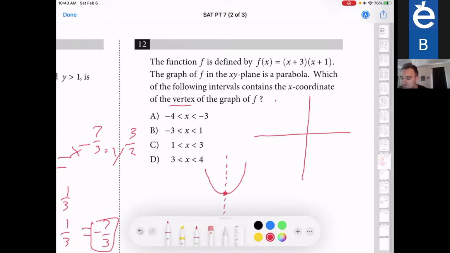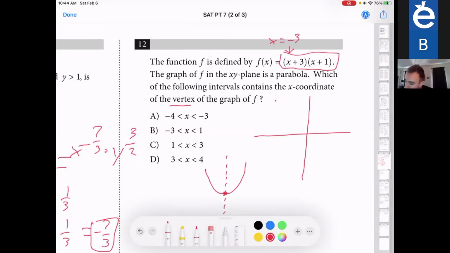Anyway, what are we looking at here? The vertex of the parabola and the midpoint of the segment between the two x-intercepts of the graph have the same x-coordinate. So if I look at my values here, if I plug in a -3 for x here, that makes this term go to 0.